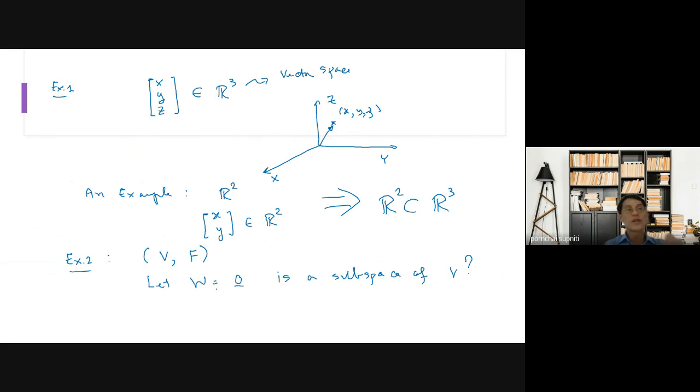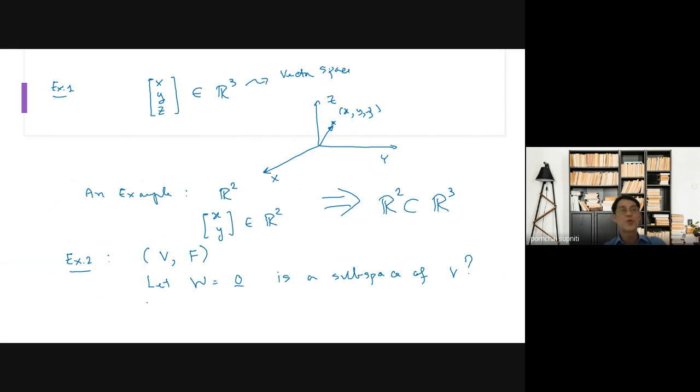If W only has one member, which is 0, look at the closure property: you add 0 to 0, you get 0, which is still in W, right? If you look at the identity, is there such an identity in W or not?